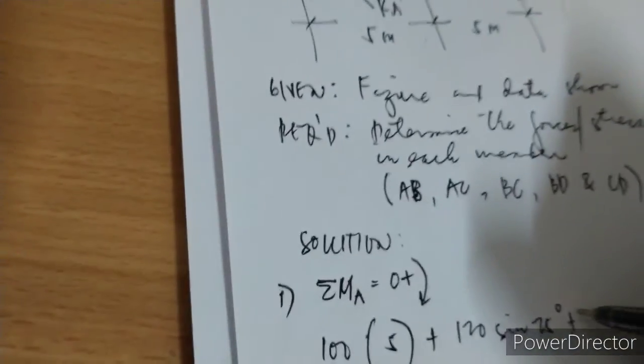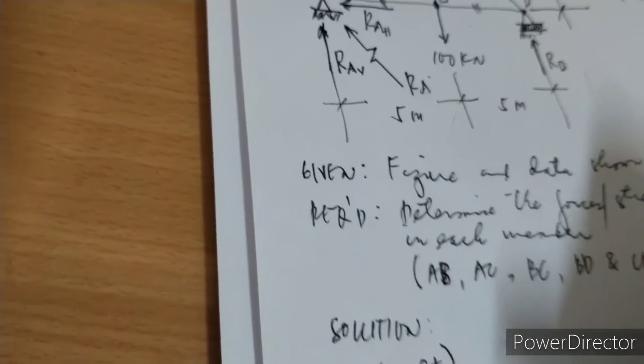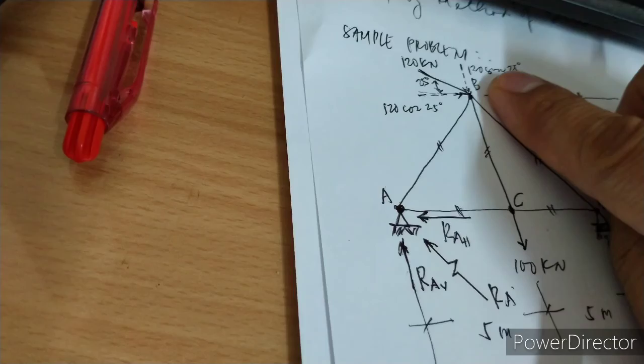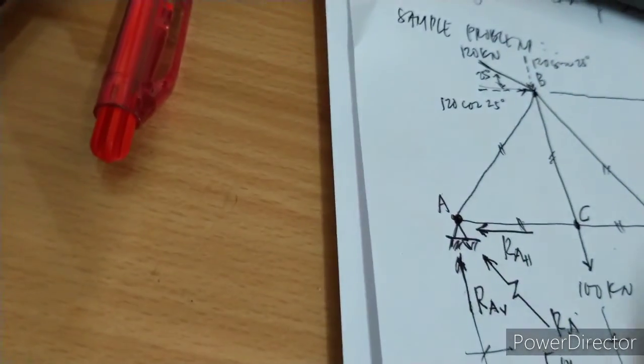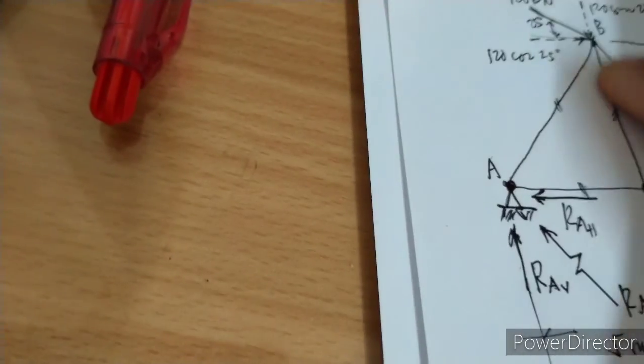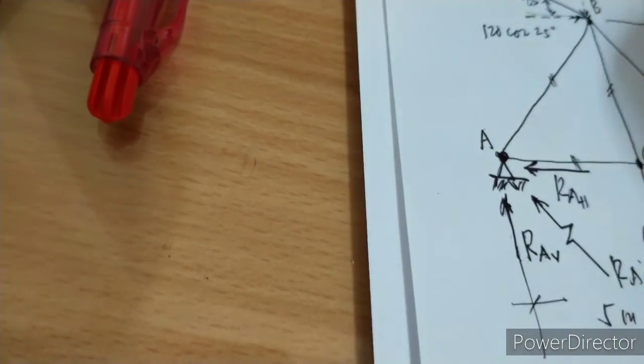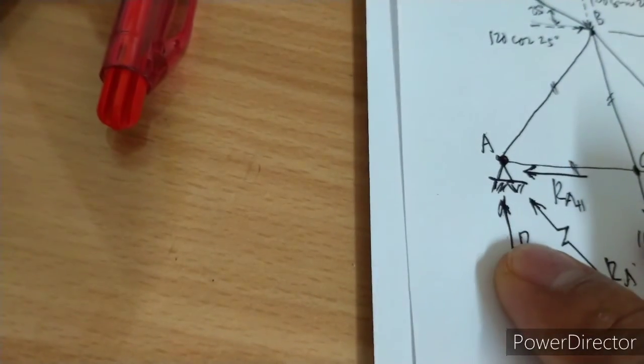But before we go further, what is the moment arm of this? That's the vertical component of 120 kilonewton. That is 5. So if you're going to project this 120 sine, the moment arm will be 5.